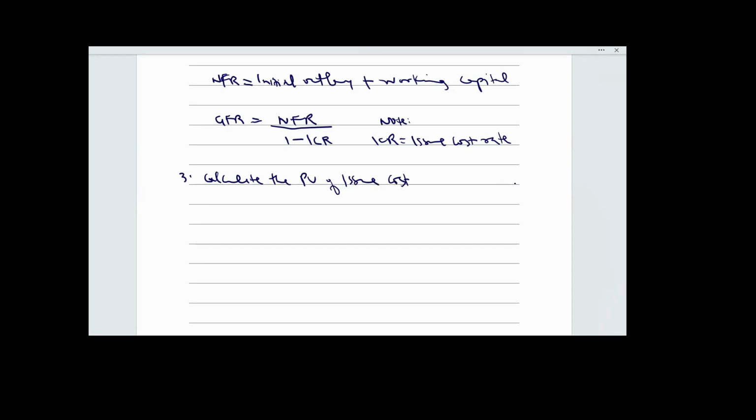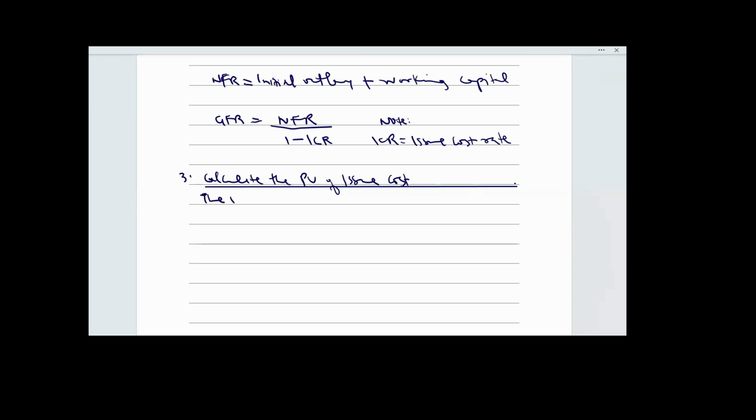How do you do this? Before you calculate the present value of issue cost, you need to know what issue cost is. Issue cost represents the cost of underwriting and raising debt and equity capital. Let me just put it down.